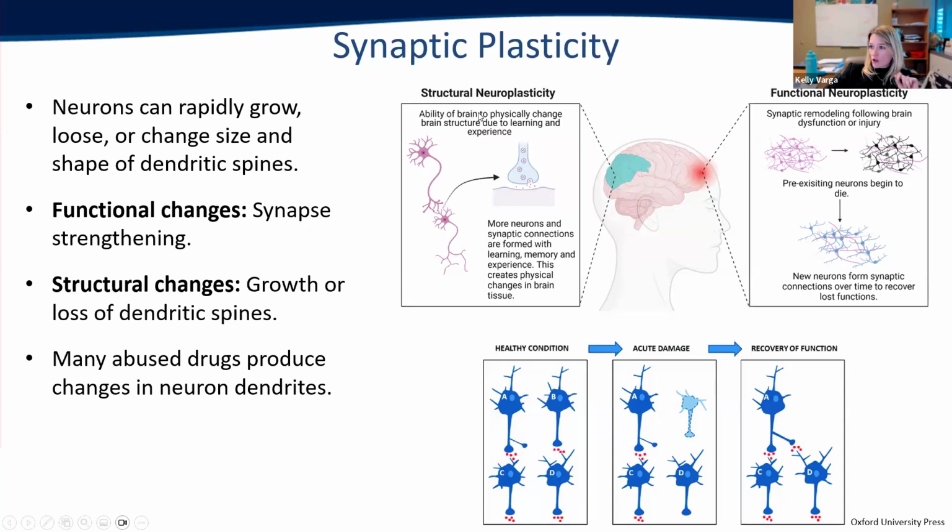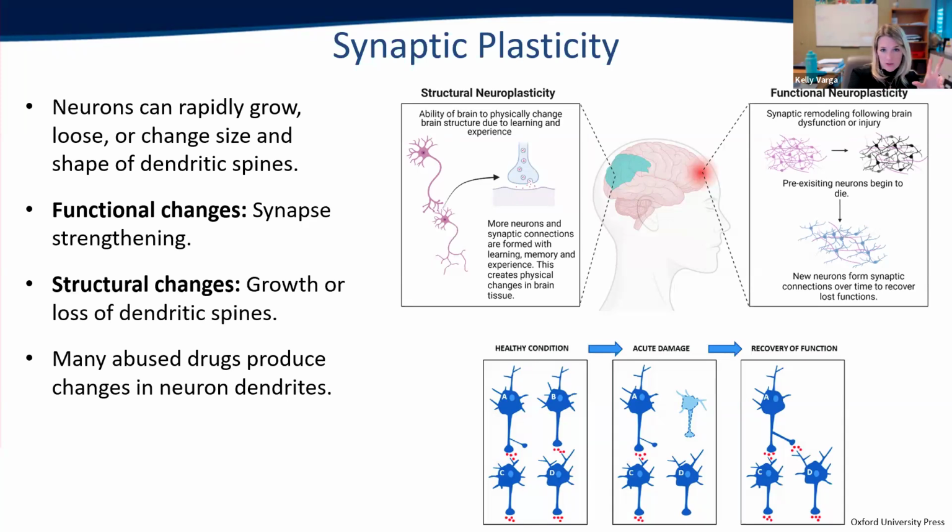So in structural neuroplasticity, it's the ability of the brain to physically change its structure due to learning and memory and experience. I'm changing the overall structure.